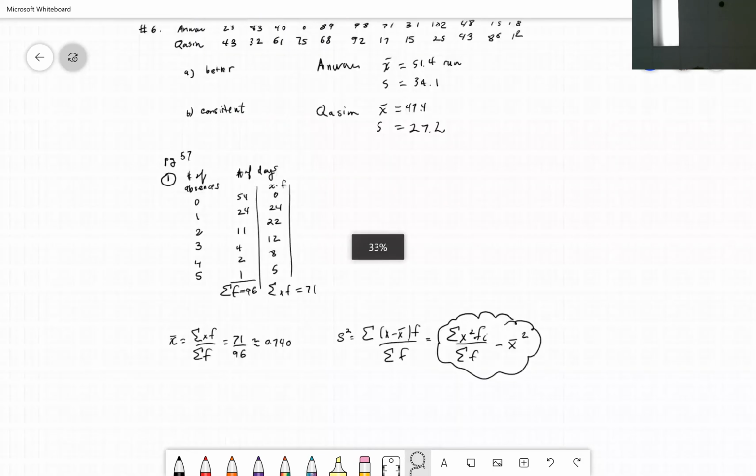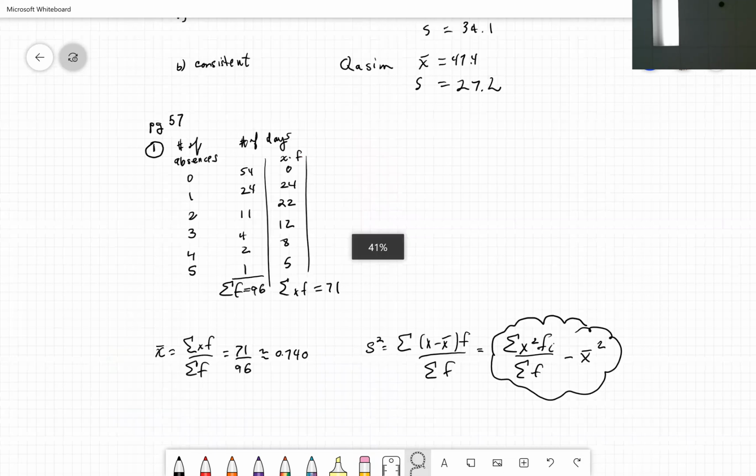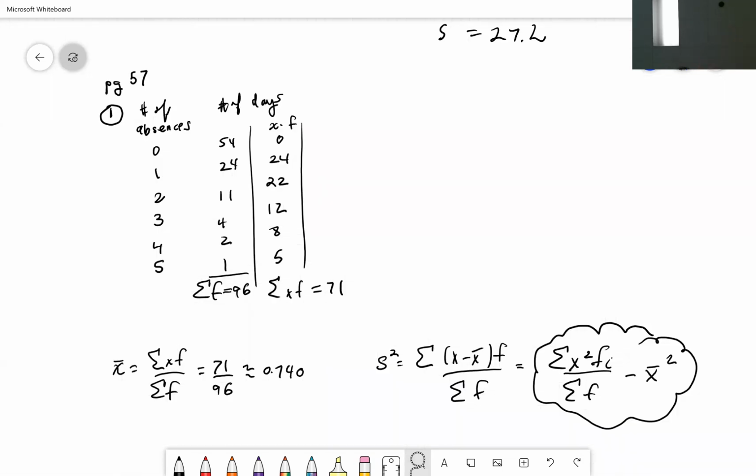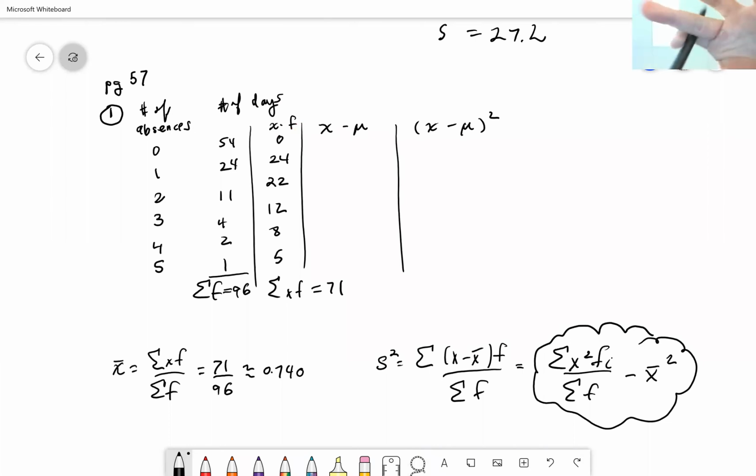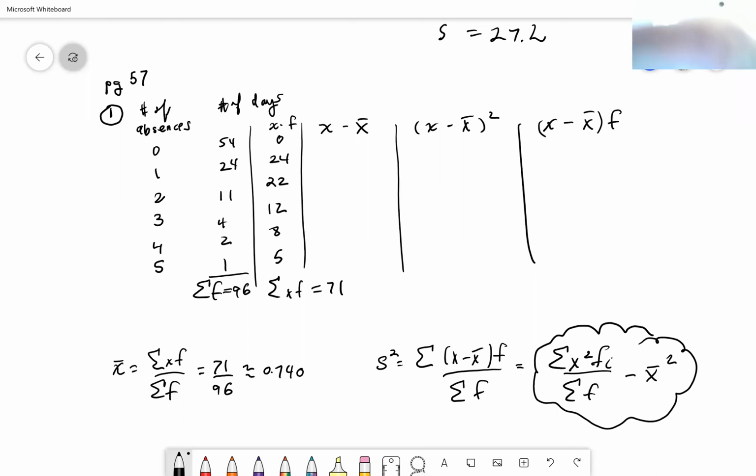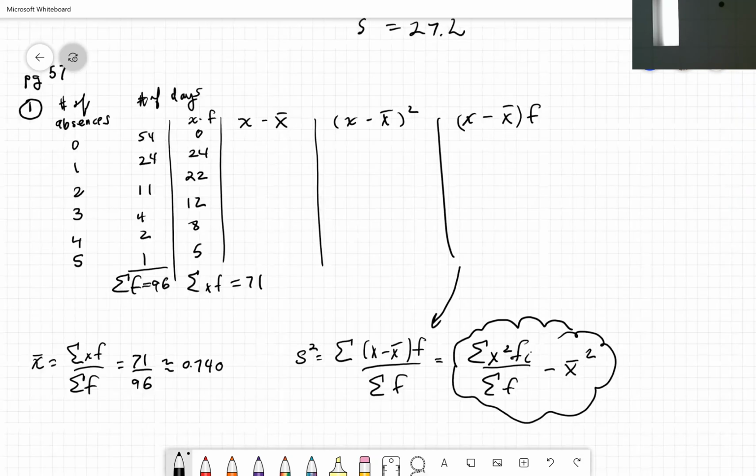You could do x minus the mean, and then x minus the mean squared. Let me write it as x bar, because this book doesn't use mu. And then you could write it as this here, and that takes care of doing it this way. But you could do it another way.